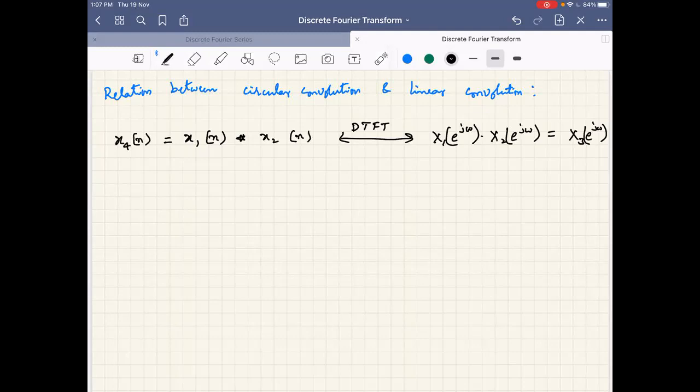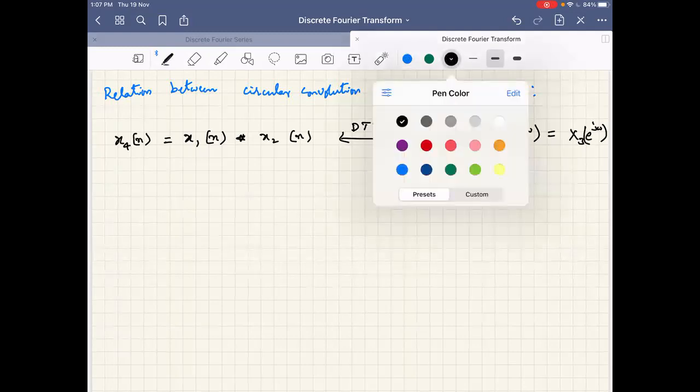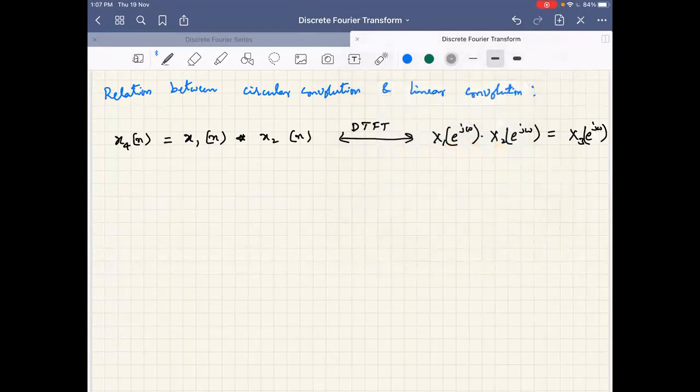Hence, let us write the lengths of these sequences. The length of this is N, this is also N, and then this is 2N minus 1.